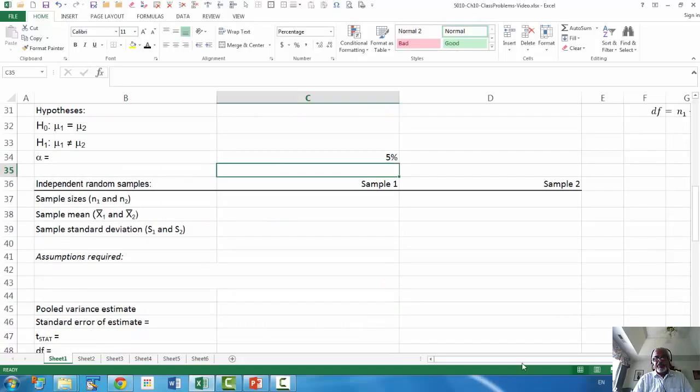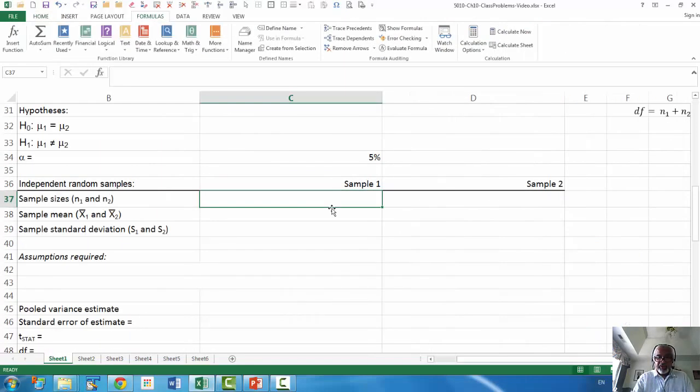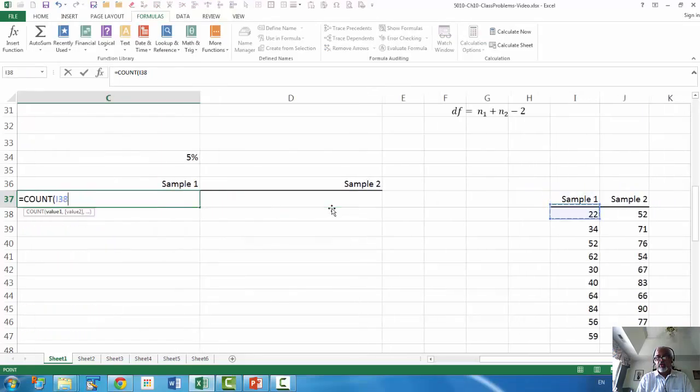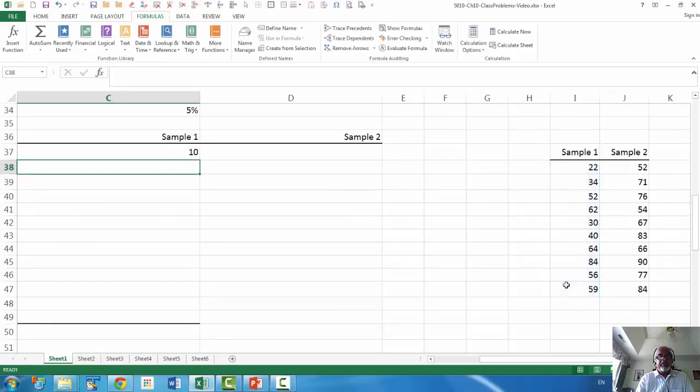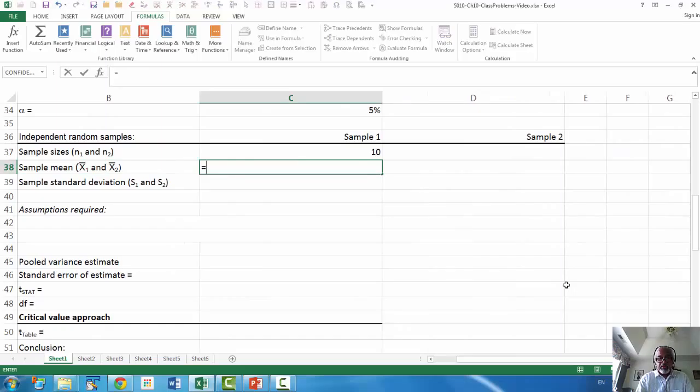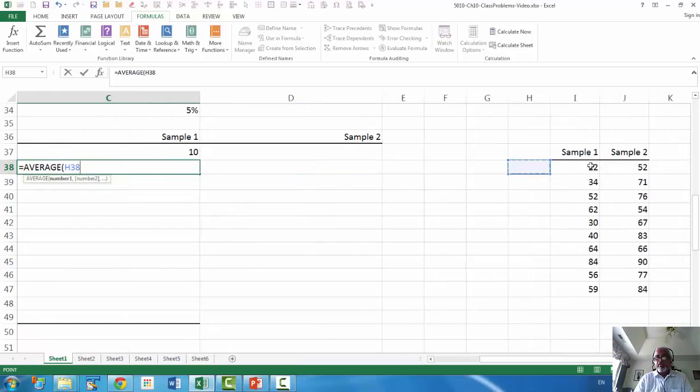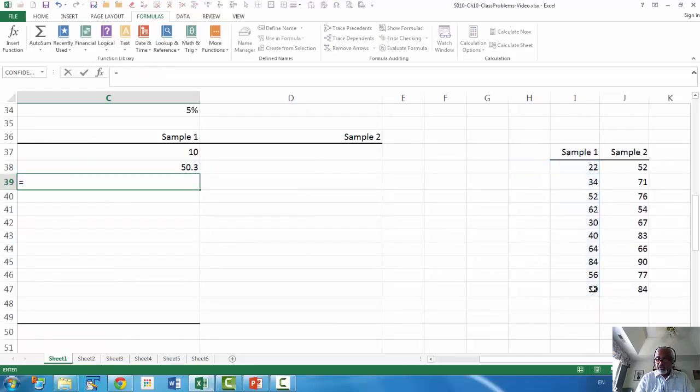Now the data is given. So let's find the sample statistics. Count of that would be the sample size for sample 1, and then average will be the sample mean, and then we do stdev.s, so that will be the standard deviation for the sample.